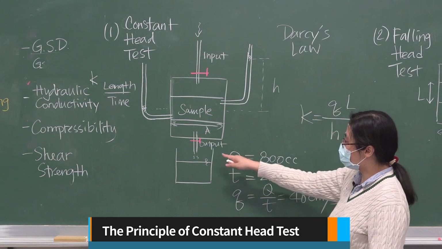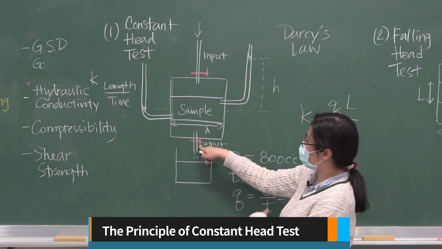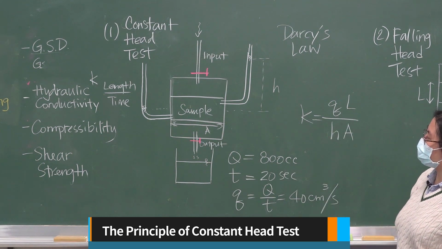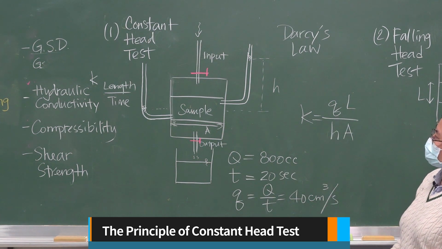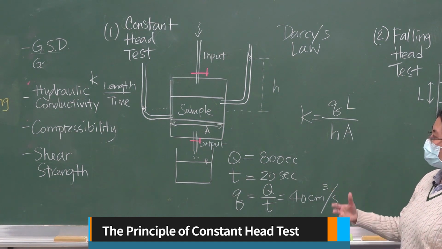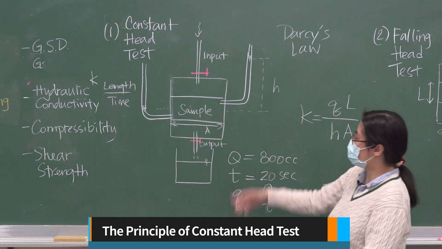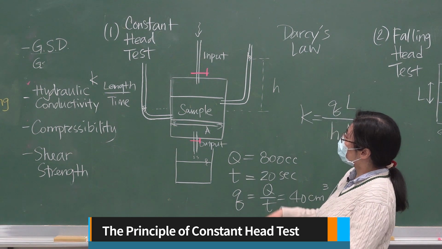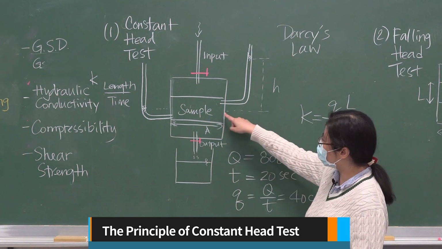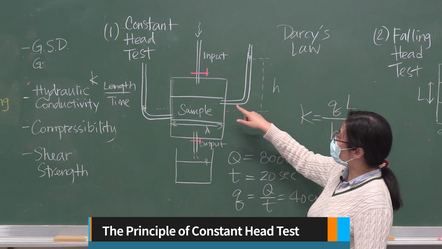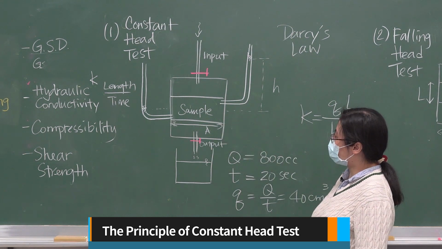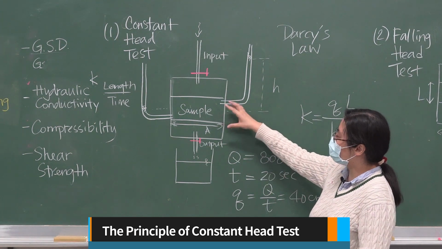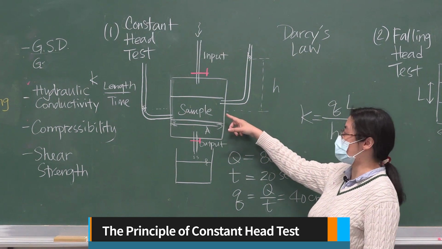There will be some valves, indicated in red here, which you can turn on and off, so that the water can flow in and out of this device. What we are going to do today is basically measure the K for this sample, and the way to obtain that K is to obtain the head at various locations of the sample.